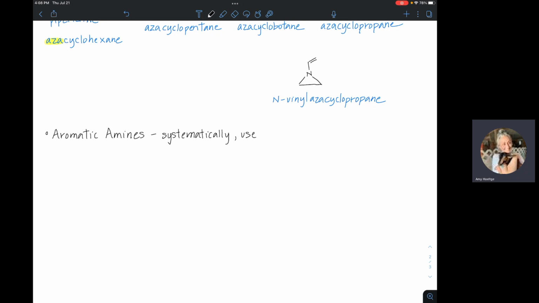But this is where we're going to overlap the two different systems again.